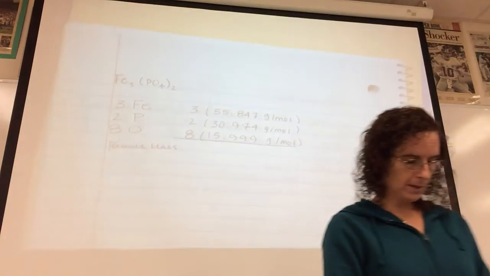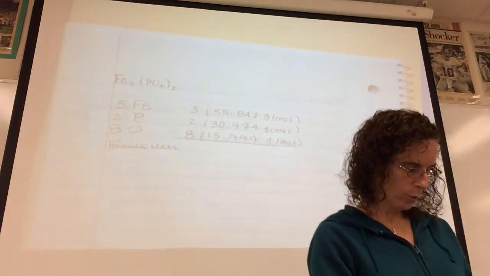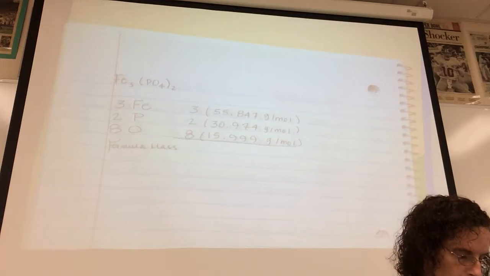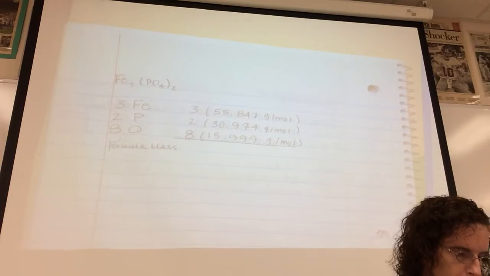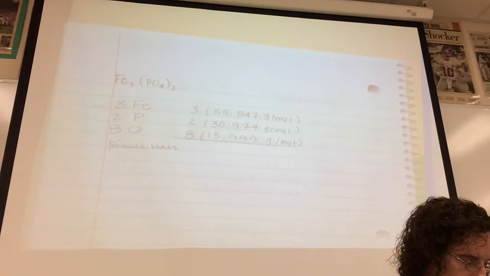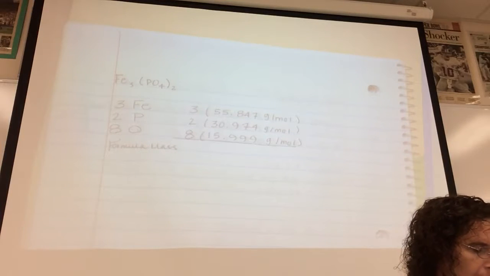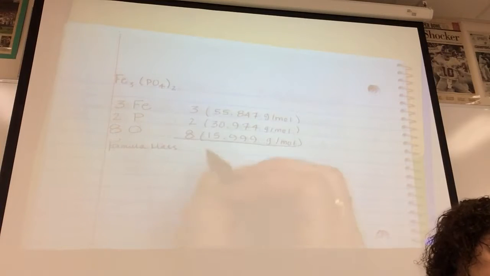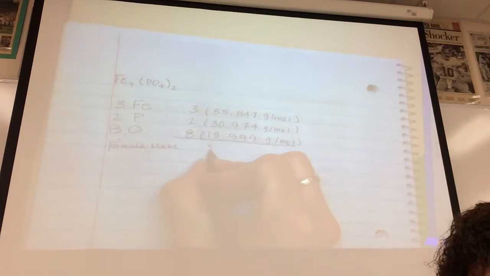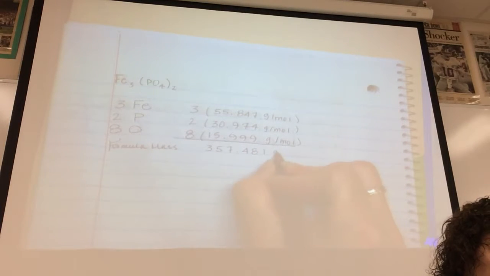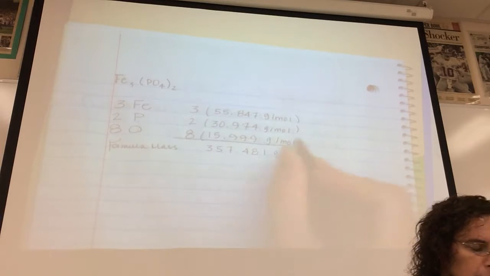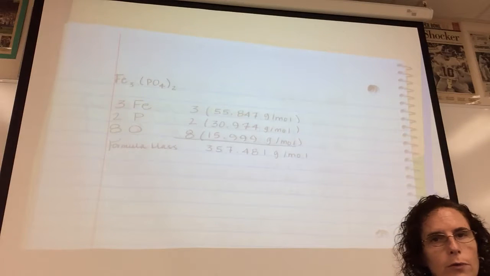So we have 3 times 55.847 plus 2 times 30.974 plus 8 times 15.999, and that's going to be 357.481 grams per mole as the formula mass for iron 2 phosphate.